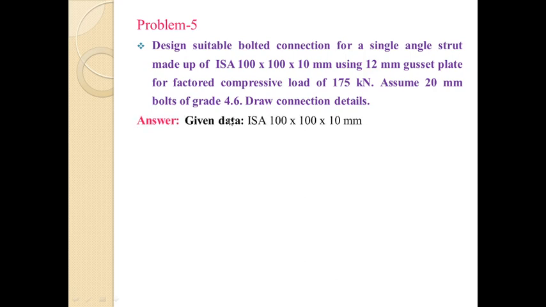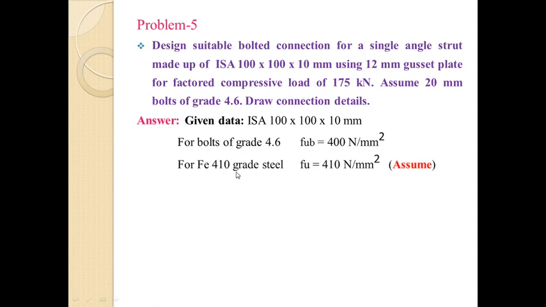So let us see the answer. Given data: 100 by 100 by 10 mm angle is given. Bolt grade is given, that is FUB 400 Newton per mm square. Then plate grade 410, means Fu is equal to 410 Newton per mm square. Here grade of plate is not given, we are assuming it.